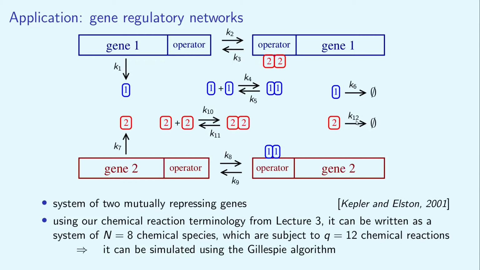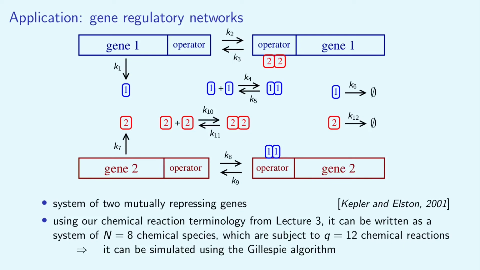Let us now count the number of chemical species. We will have to keep track of the numbers of molecules of protein 1, dimer 1, protein 2, and dimer 2. So these are already 4 variables. The other 4 variables are gene 1 with a dimer bound to it, gene 2, and gene 2 with a dimer bound to it.